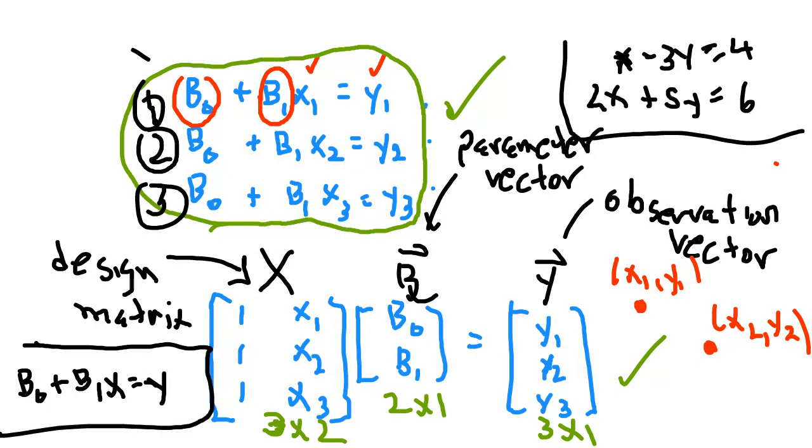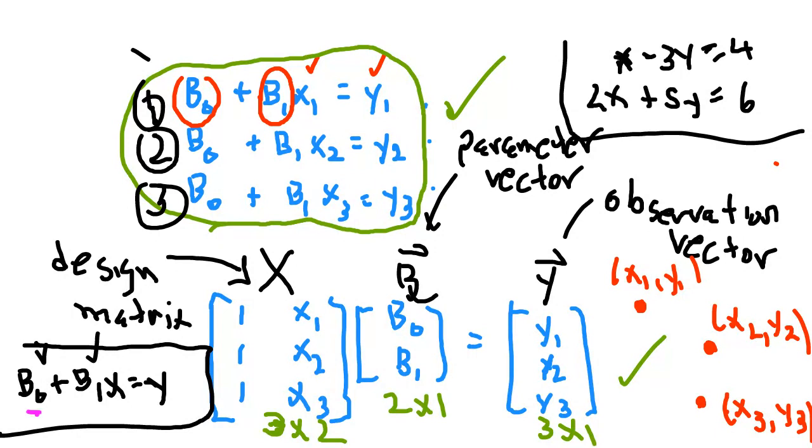If I have just 2 points, I can draw a line through those 2 points and figure out what beta 0 and beta 1 are. But when you add a third data point, x3, y3, you're not going to be able to have a line that passes through those 3 points.